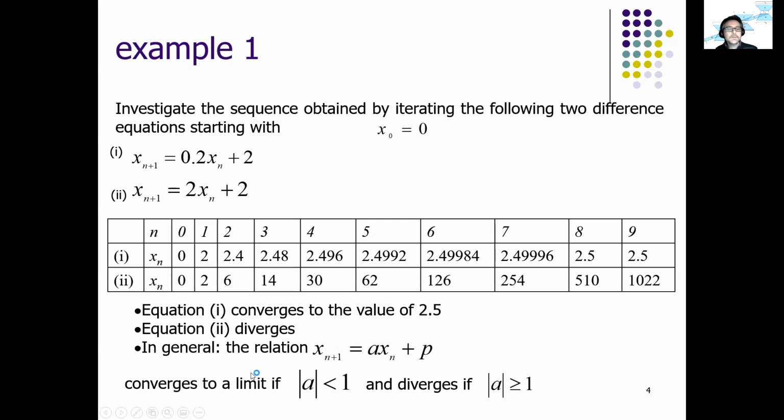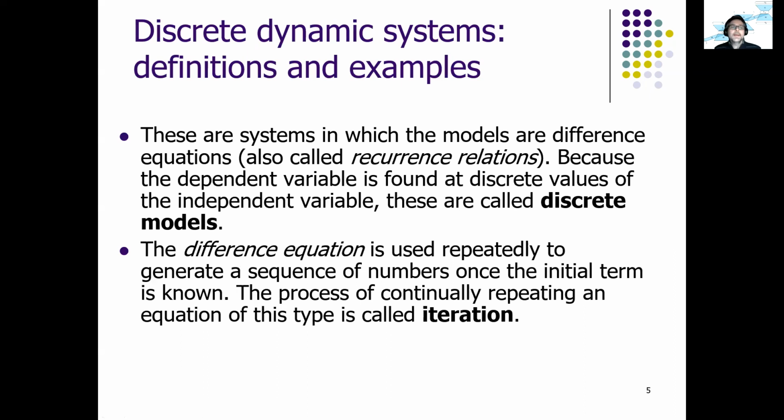For this simple sequence, there has been an analysis, and we can see that it diverges or converges depending on the values that we are going to have in this parameter here. These kinds of systems, which are represented by this form of equations, are called difference equations or recurrence relations.